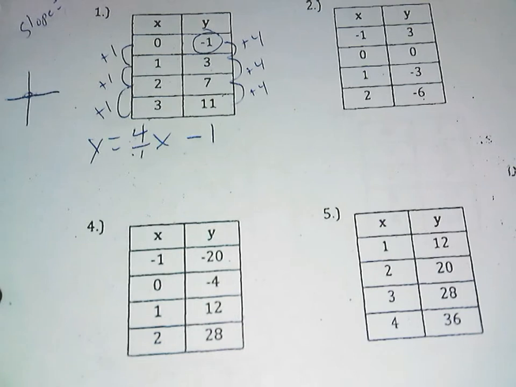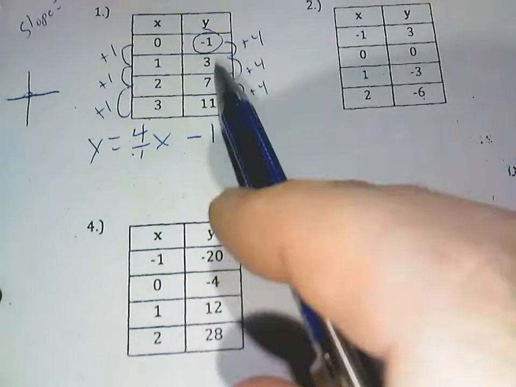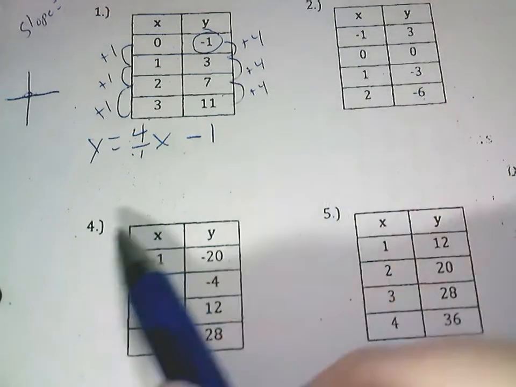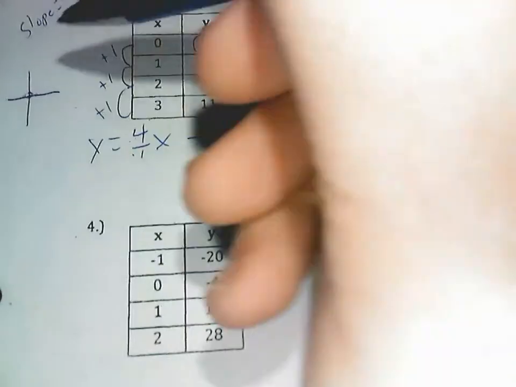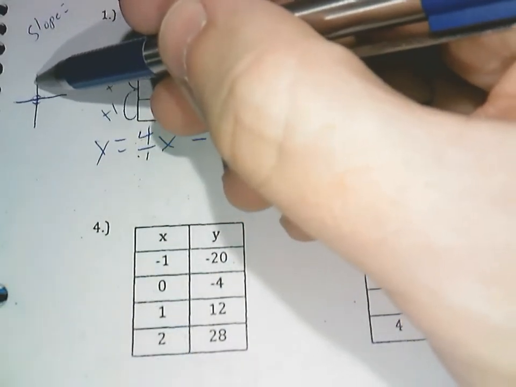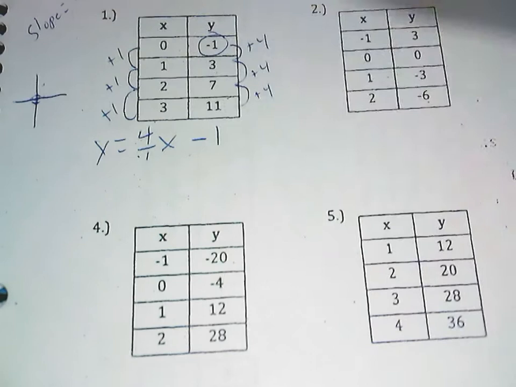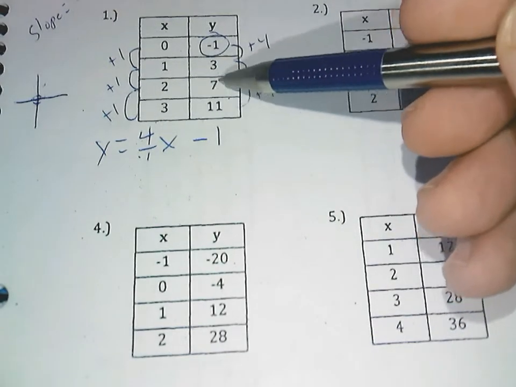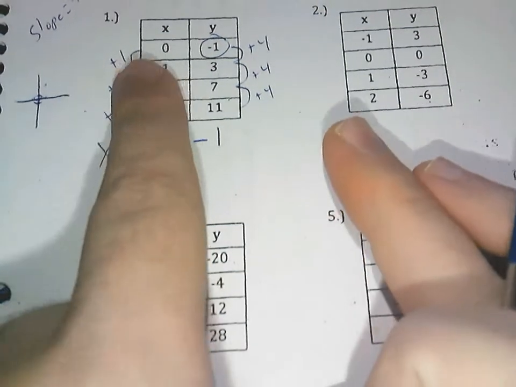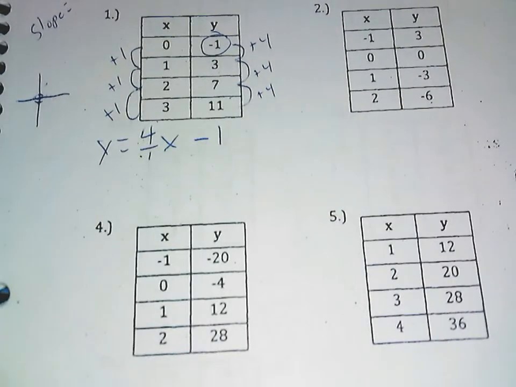And that would be our equation for the line that our table is showing. And again, if I graph that, I'd start at -1 right here, and then I'd go up 4 over 1, up 4 over 1, and I'd end up at 3 and 7 and so on. So it's just another way of expressing what's happening in this table, and we can graph it that way.